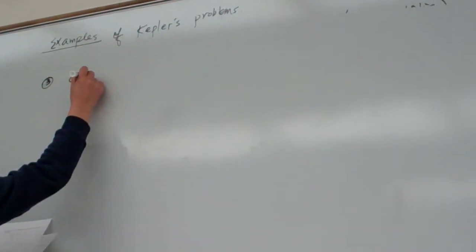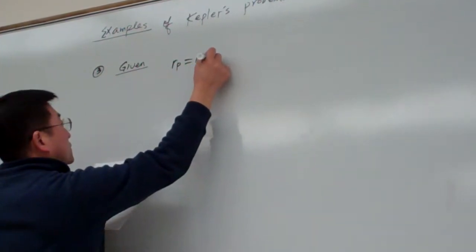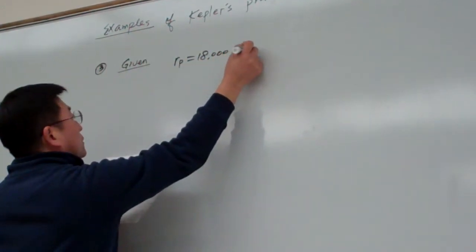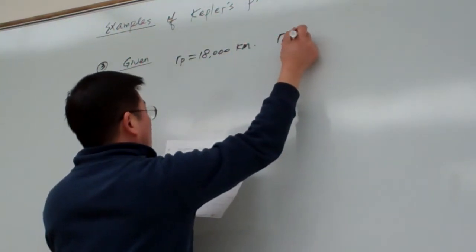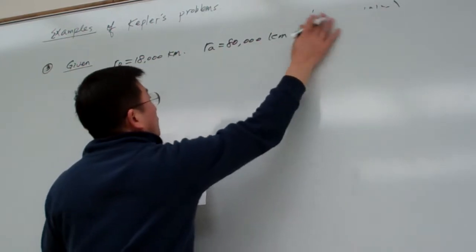Starting from here, it is similar to the homework. So RP equal to 18000 kilometers and RA equal to 8.